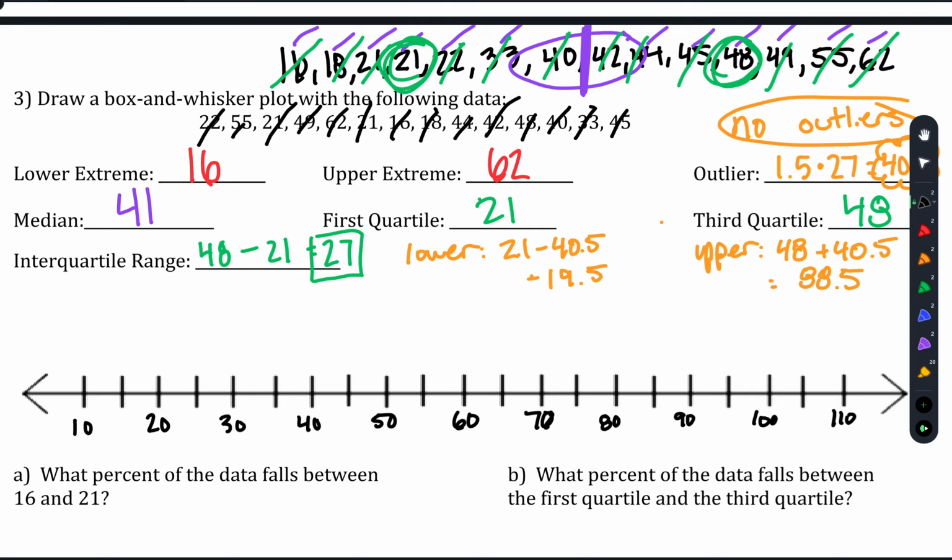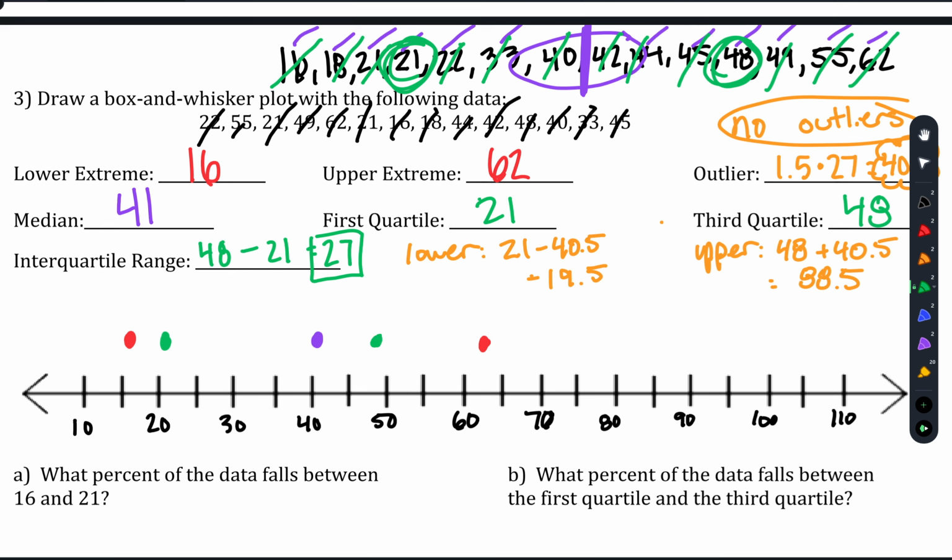Okay, so the first point goes at 16, which I'm going to say is about here. My upper extreme goes at about 62, which I'm going to say is about here. The median of my data is 41. Let's say that's there. I have my first and third quartiles at 21 and 48.